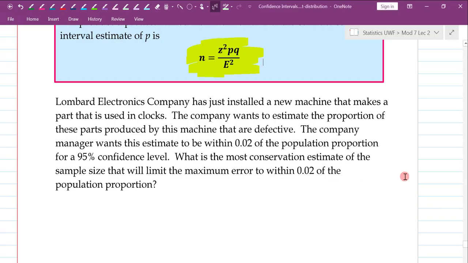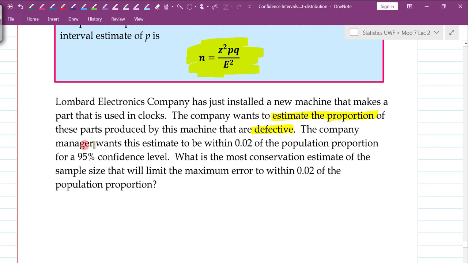Okay, so Lombard Electronic Companies has just installed a new machine that makes a part that is used in clocks. The company wants to estimate the proportion of these parts produced by this machine that are defective. So that's what we're studying. If it's defective, we're counting it.